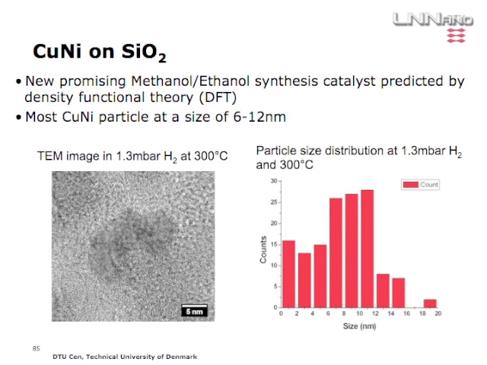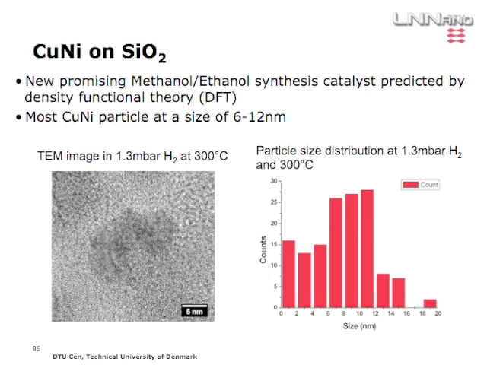Another very promising candidate is copper nickel alloy. In this case, it's on silicon oxide. We wanted to make sure that the copper nickel forms different stoichiometries, so we wanted to see which kind of material we had.